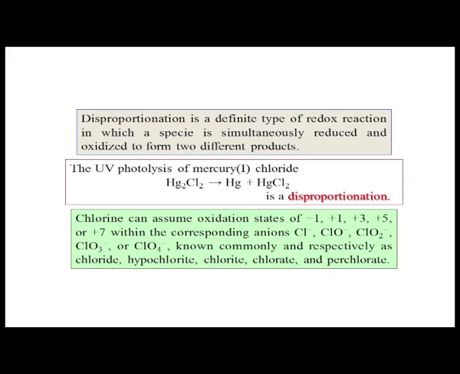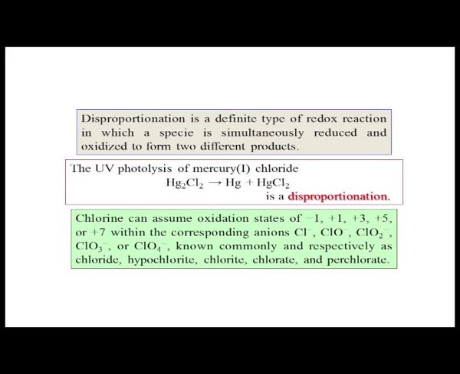So, if we have a species with an intermediate oxidation state, that species can simultaneously be reduced and oxidized, according to the definition written above. One mercury in the 1 plus state can be reduced to mercury 0, and the other mercury, which gives that electron to the other species, is oxidized to mercuric chloride. Thus we call this a typical disproportionation reaction.